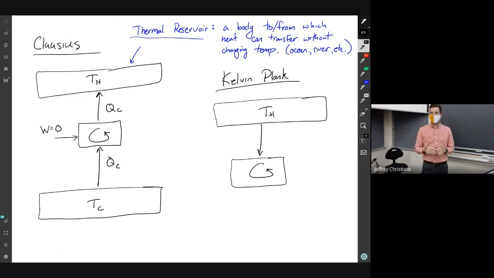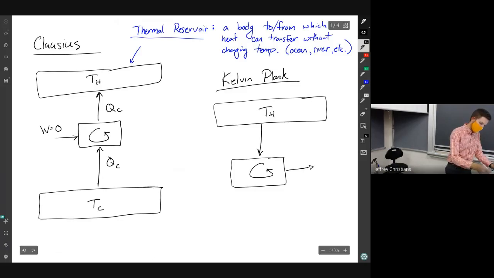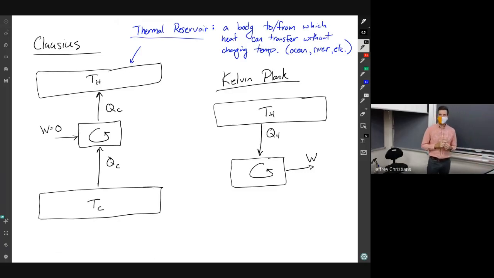Again, it doesn't matter what it is. And convert that heat. Say the amount of heat that you took from the high temperature reservoir, the hot reservoir, is QH, and you can't take that and convert it directly into work, where the work would be equal to the magnitude of QH.